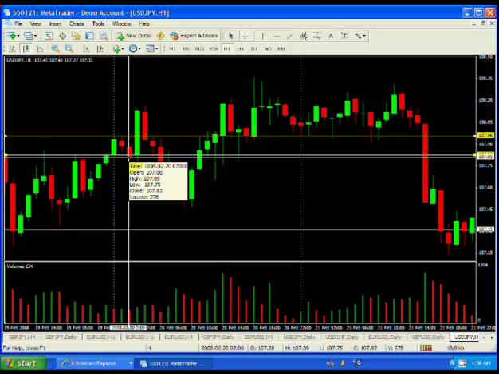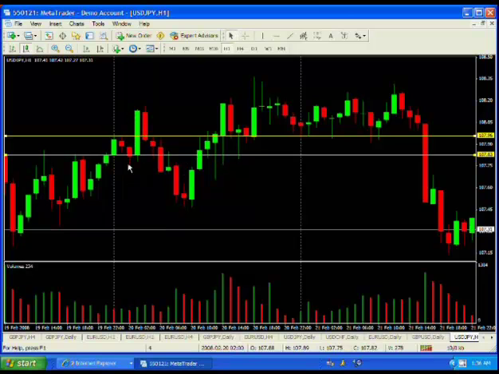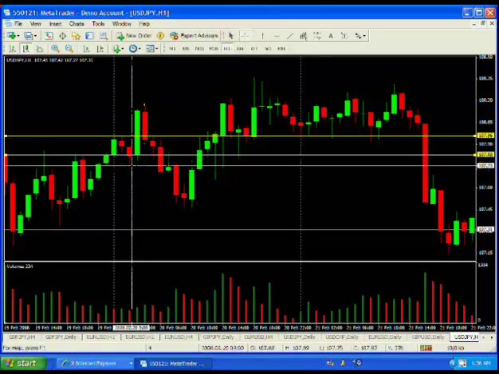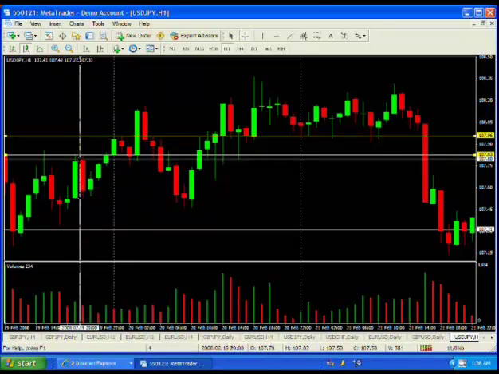And then also, as we mentioned before, we want to incorporate our footstep rules. And if we look at this bar here, we see that this is the support bar that stopped the fall from the open range.